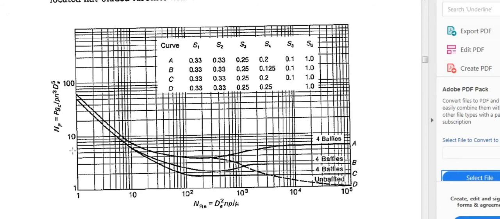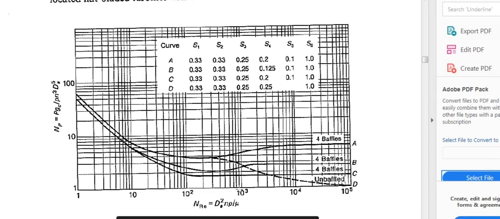I'll repeat once again. For an unbaffled tank, the procedure is we are supposed to find the value of Reynolds number, which you all did very well. Fantastic. But in the unbaffled tank, the curve has to be identified, and after finding the Reynolds number, mark that Reynolds number on the x-axis, and then you will have a curve of the unbaffled tank.